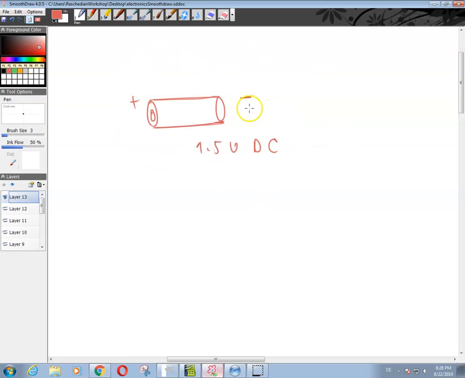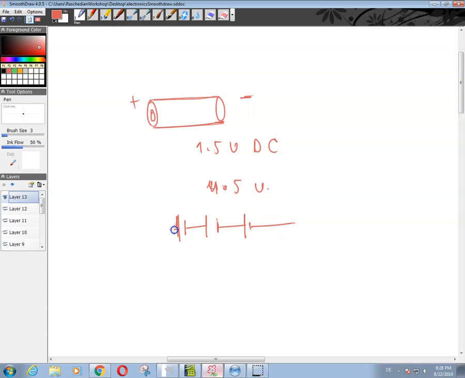Now with this you can of course power up some circuits, or put a couple of them together. For example, put 3 of them together, positive to negative, end to end, and so on.